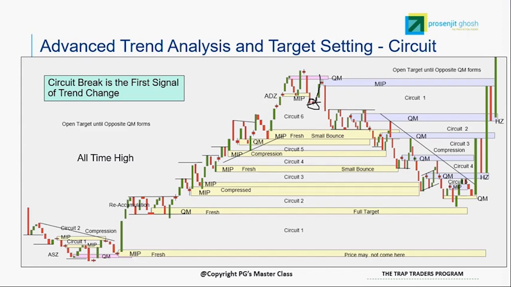All right. So yes, we should always give price and the institutions more advantage, and not try to act smarter. Let us be on the back foot and say, okay, it can do this, but then again, if the institution wants, they can change from a QM as well. I mean, inside a compression as well, they can do whatever they want. But with a lot of practice, you will see this thing is true.